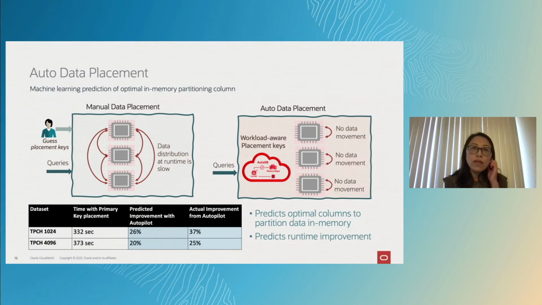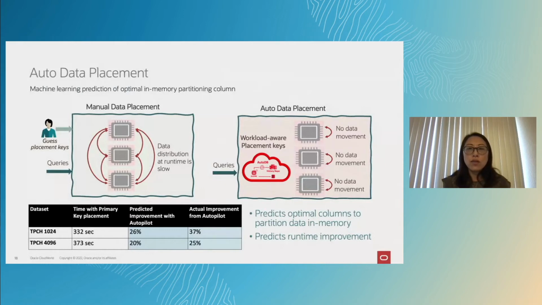So what we have done is develop a machine learning model that will look at the past queries run in the system and look for any opportunity for improvement in terms of how we store the data in the HeatWave cluster, and provide data placement suggestions to the end user to improve the system performance.